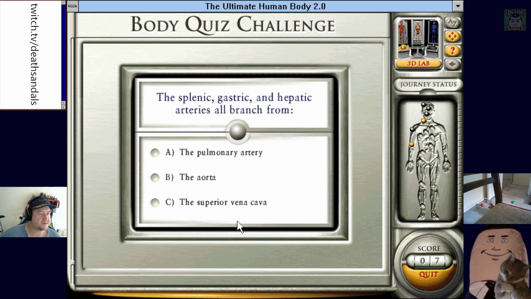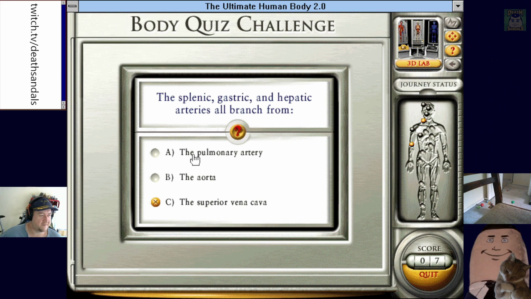The splenic, gastric, and hepatic arteries all branch from the pulmonary artery, the aorta, or the superior vena cava. Gastric. Are they the actual arteries attached to them? Probably they're not super important compared to the other stuff, so I reckon it's further away from the heart.